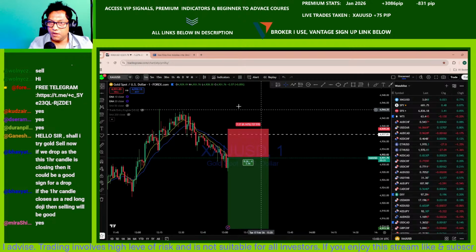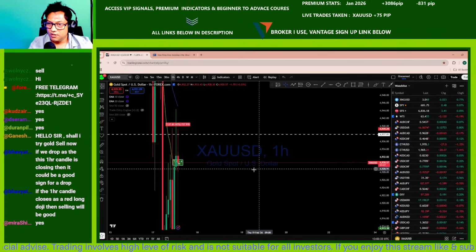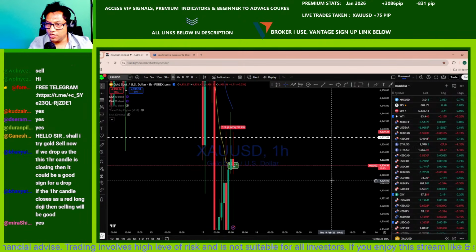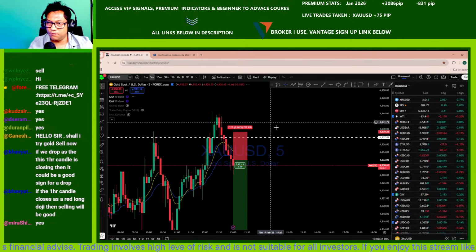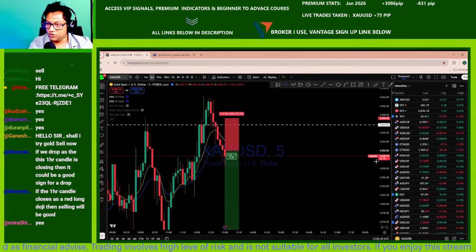It's getting some upside here. One hour price action. It tested the lower shadow on the one hour, and I think there is still a possibility for downside here.